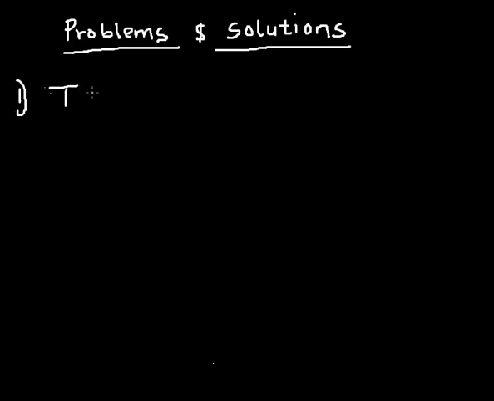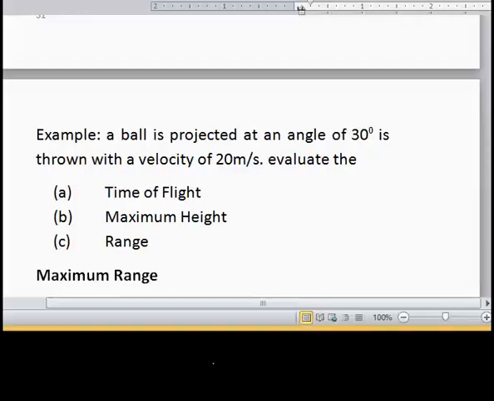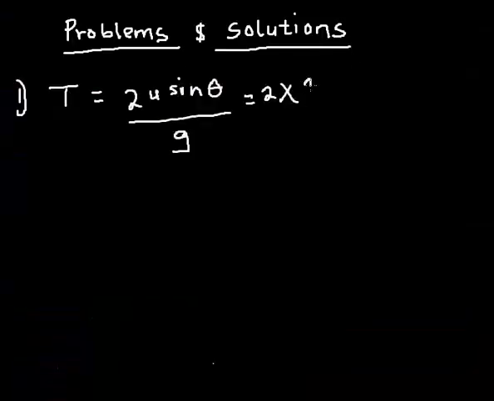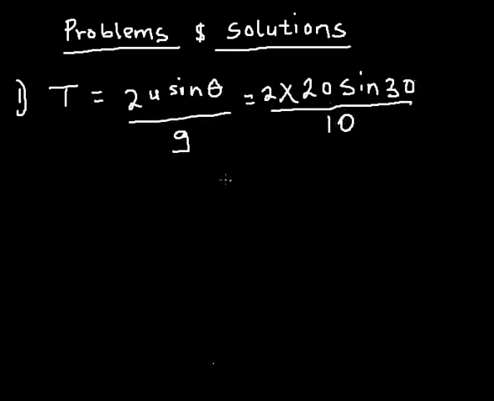So the time of flight of the projectile is given as 2u sine theta, divided by g. So this is going to be equal to 2 times the initial velocity, which of course is 20, times the sine of the angle of projection, which is 30 degrees, then divided by g, the constant acceleration due to gravity, 10.